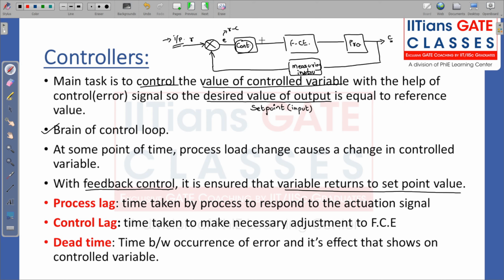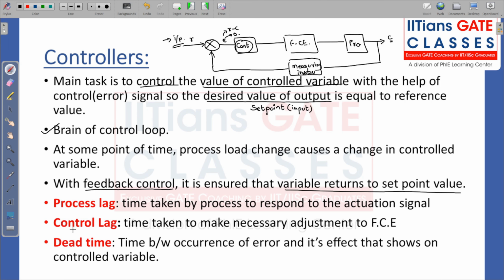Basically your controller generates an equivalent output which is given to a final control element. So final control element, according to the output of controller, makes adjustment in the process, so that this error becomes zero.